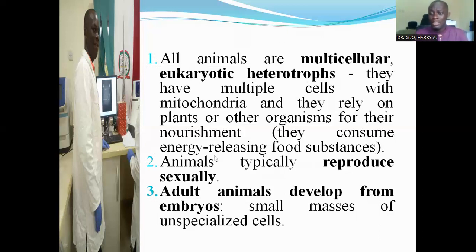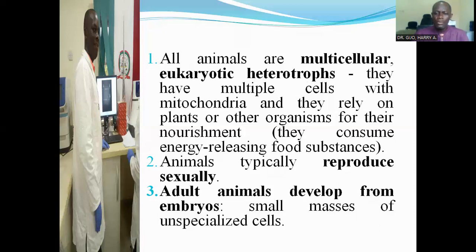The second distinctive feature is that animals typically reproduce sexually, though some organisms are able to reproduce asexually through fragmentation, like the cnidarians, and some reproduce through parthenogenesis and many other means, but most animals reproduce sexually.